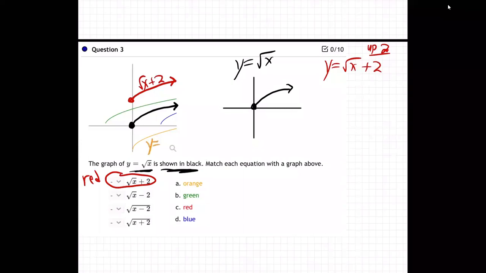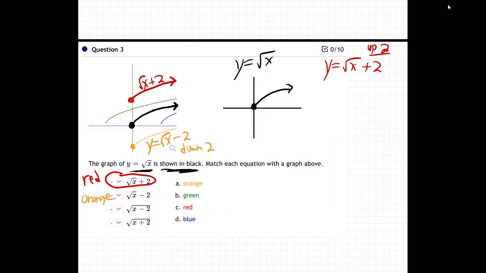This is going to be y equals square root of x -2, because that'll be the down 2, right? So if you put a +2 or a -2 outside of the square root, it means up 2 or down 2. So this will be the orange one, which is down 2.